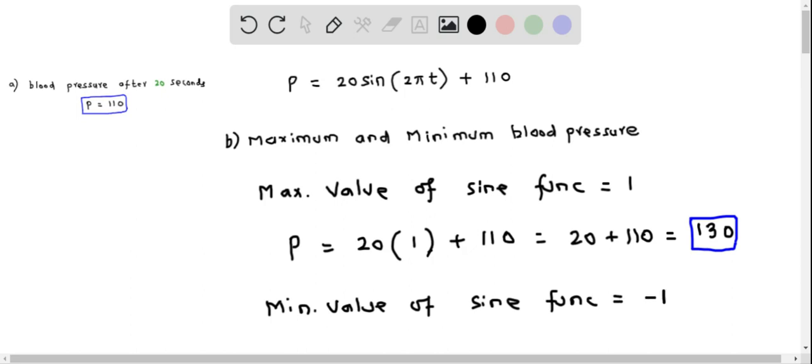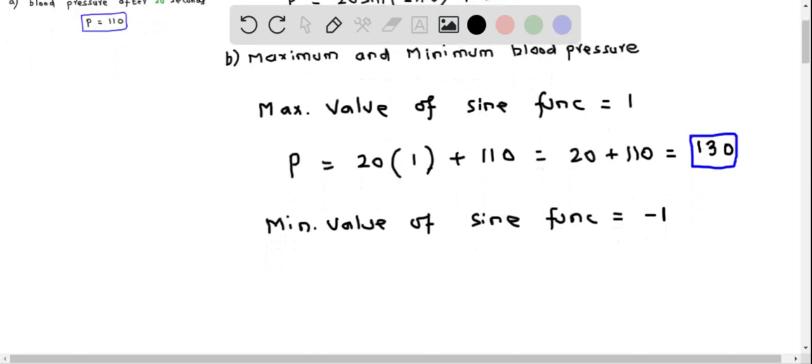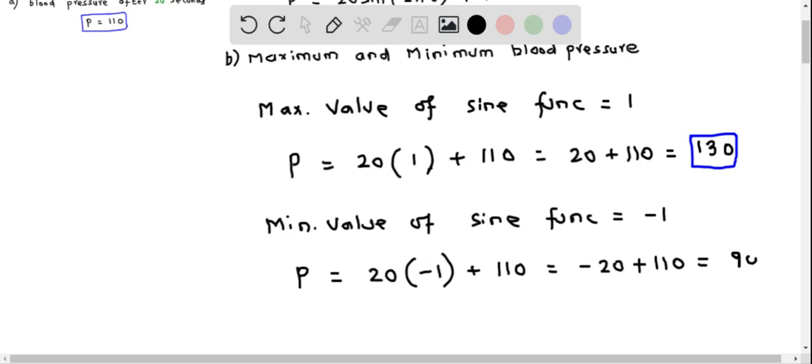So let's plug in -1 for the sine function into the equation for P. So therefore, we get P equals 20 times, replace the minimum value of the sine function, that is -1, plus 110. And so this equals -20 plus 110, and this equals 90, and this is the minimum blood pressure.